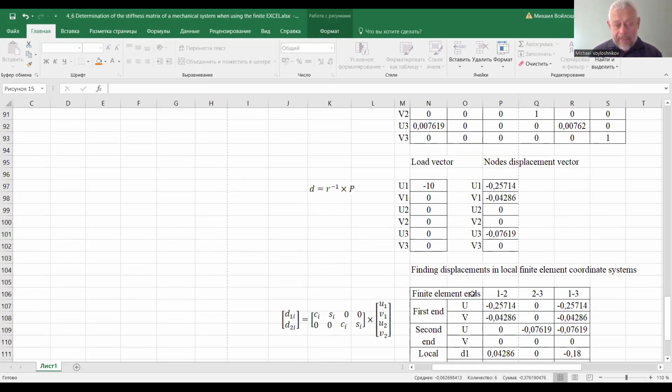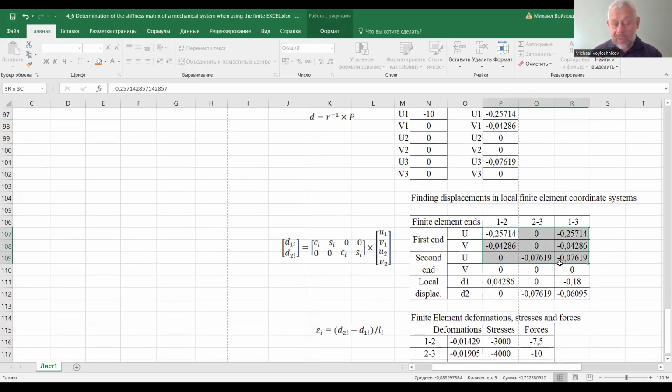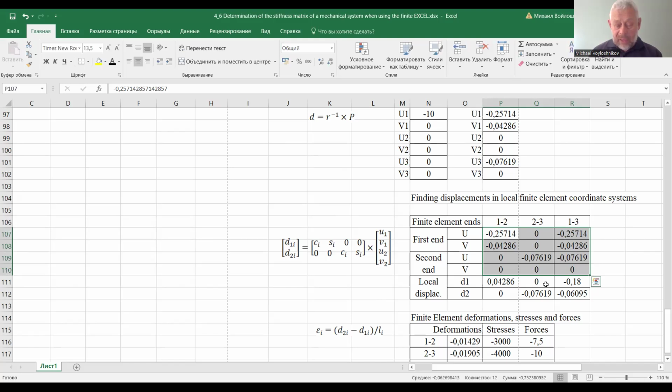This is the matrix found in the global coordinate system of the displacements of the ends of the finite elements, the rods of the considered truss.